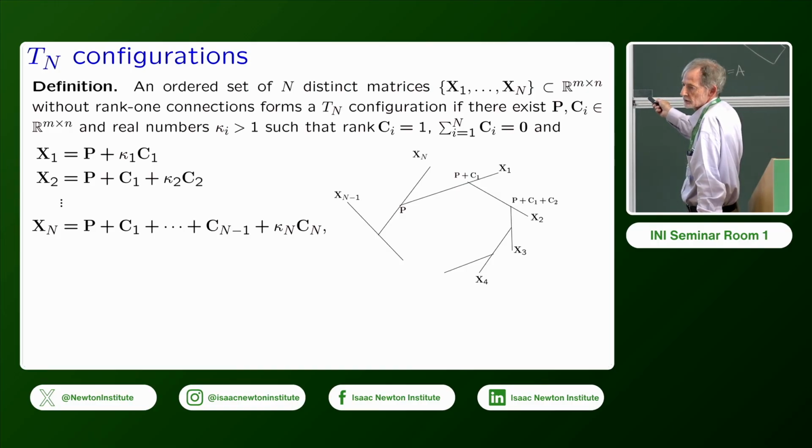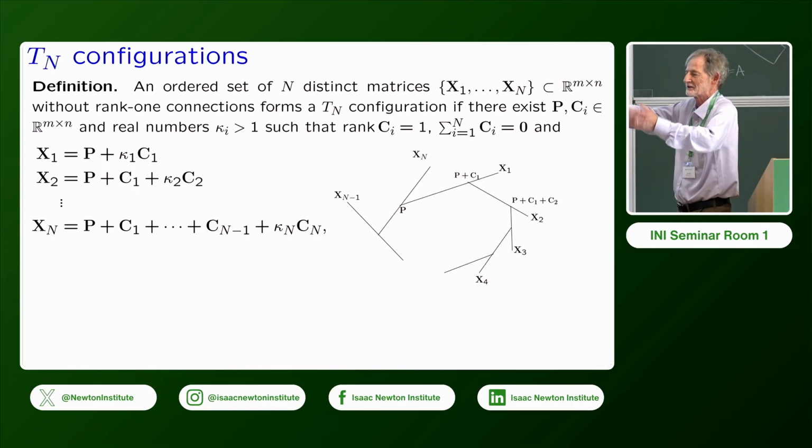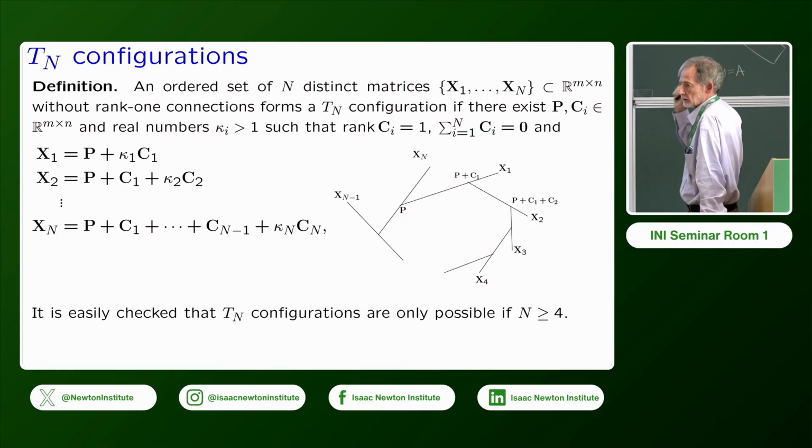And then you layer that with X2. And then you continue round and round, and you let the fineness of the layers go to 0, and then you end up with a microstructure which is supported just on these n matrices X_i. Okay, and T_n configurations are only possible if n is bigger or equal to 4.